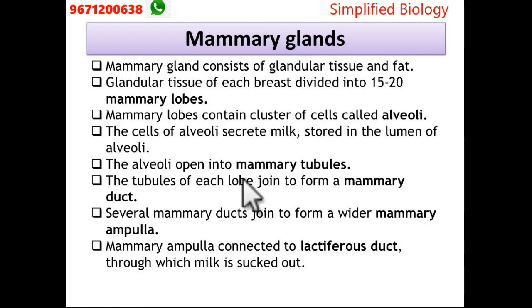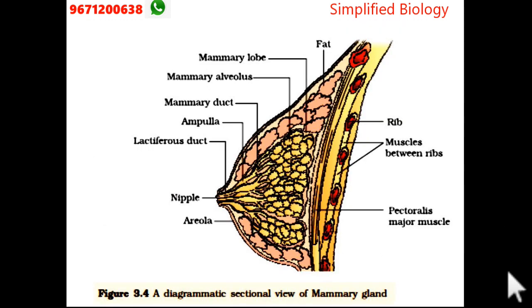So the next is the mammary gland. The mammary gland consists of glandular tissue and fat cells. Two types of cells are there, fatty cells and glandular cells. The glandular cells contain lobes. How many lobes? Nearly 15 to 20 lobes are there.